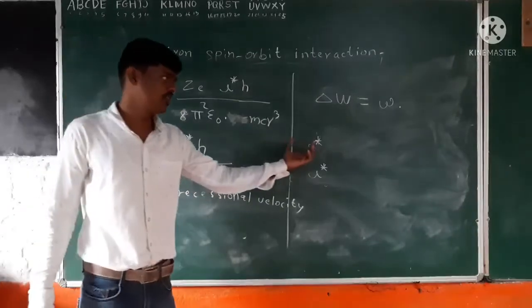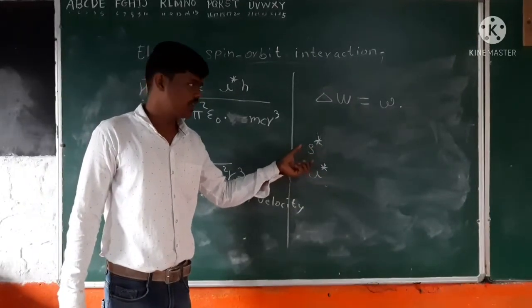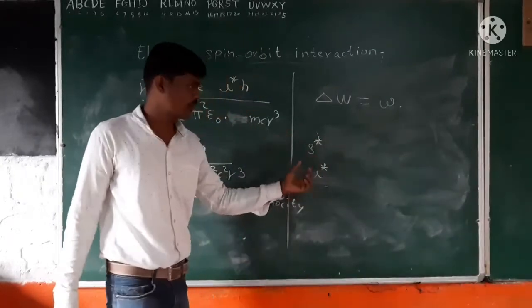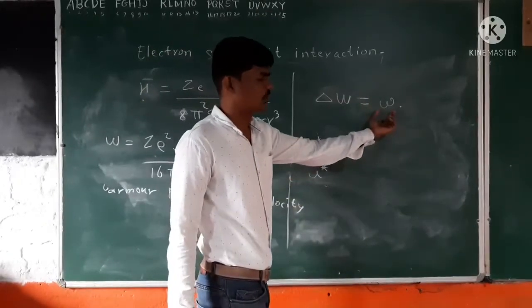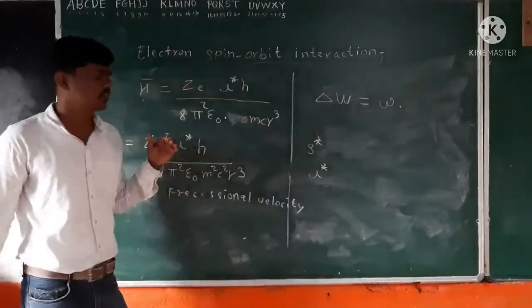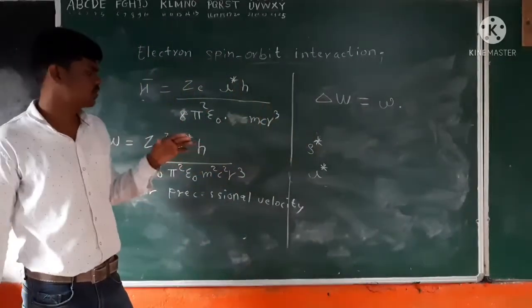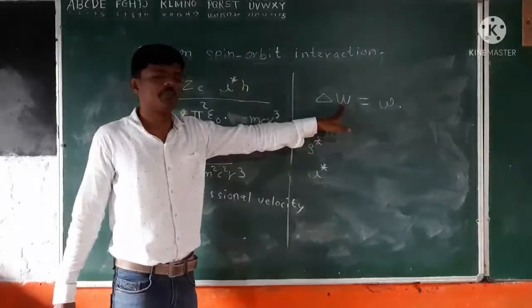So the projection of this vector onto this gives some quantity, and the product of this quantity and the Larmor angular precessional velocity is nothing but the interaction energy del capital W.